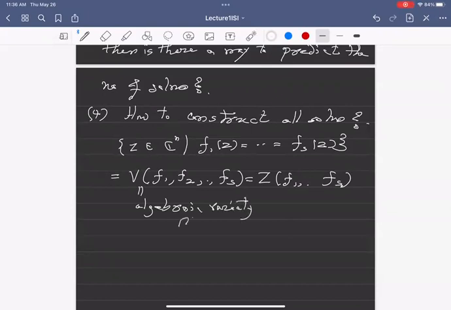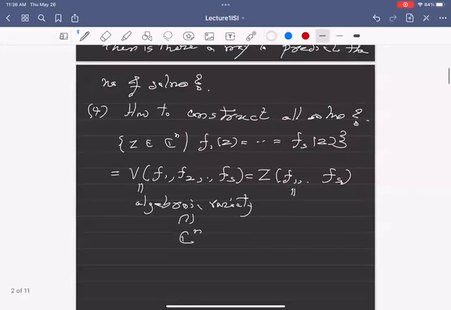This lives inside Cn. It's a subset of Cn, which consists of common solutions of finitely many polynomial equations. And this is also denoted by Z. Z is for zero, the zero set of f1 up to fs.